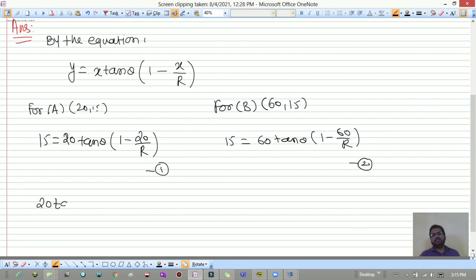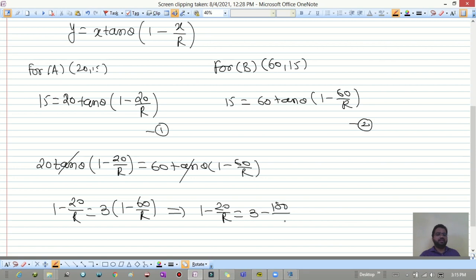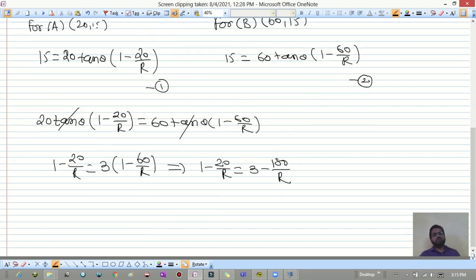So 20 tan theta in bracket 1 minus 20 by R must be equal to 60 tan theta in bracket 1 minus 60 divided by R. So this tan theta gets cancelled, and if you just solve this, you will get 1 minus 20 by R is equal to 3 in bracket 1 minus 60 by R. So from this, 1 minus 20 by R is equal to 3 minus 180 divided by capital R. So this 180 divided by capital R this side, it will become 160 divided by capital R is equal to 1 this side, so it will become 2. So from this, range we have is 80 meter.